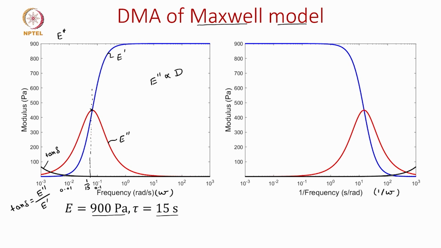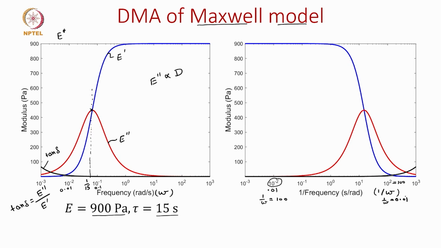So, for example, 10 power minus 2 corresponds to 0.01, but the 1 by omega value here will be 100. Similarly, at 10 square, of course this is 100, but the 1 by omega value here is 0.01.